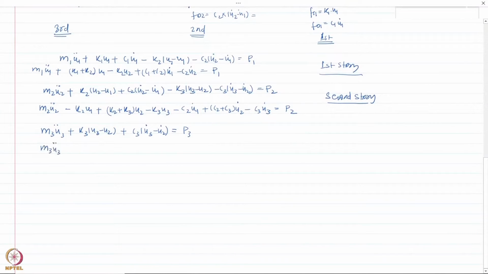So again let me write it as minus k3 u2 plus k3 u3, and minus c3 u2 dot plus c3 u3 dot, equal to p3. So now what we see is we have three equations here, 1, 2, 3. This is for the third story here.